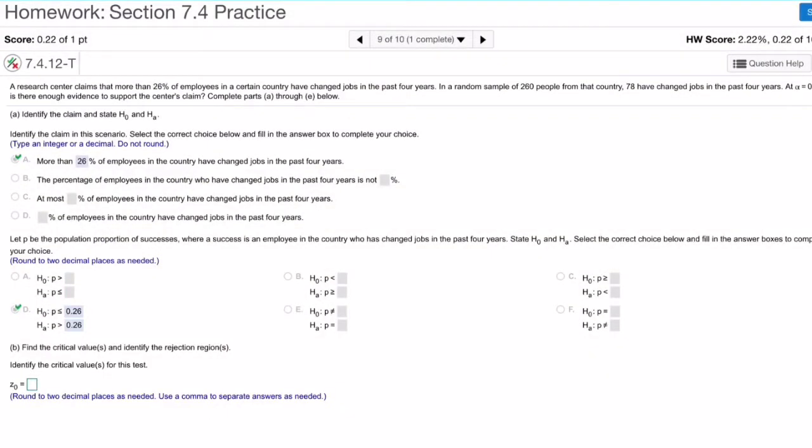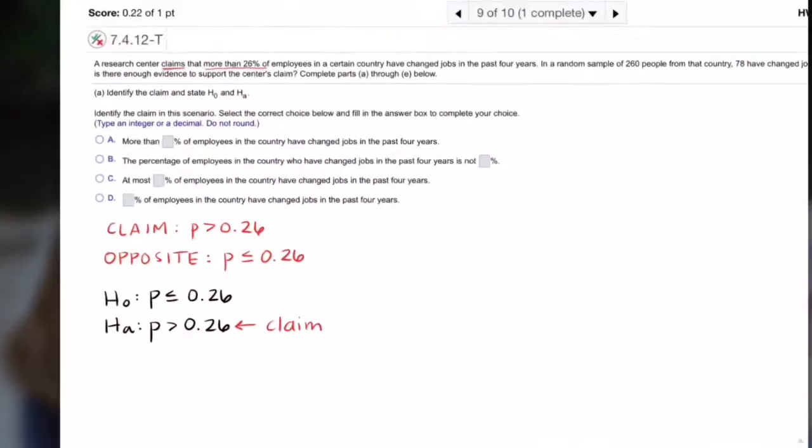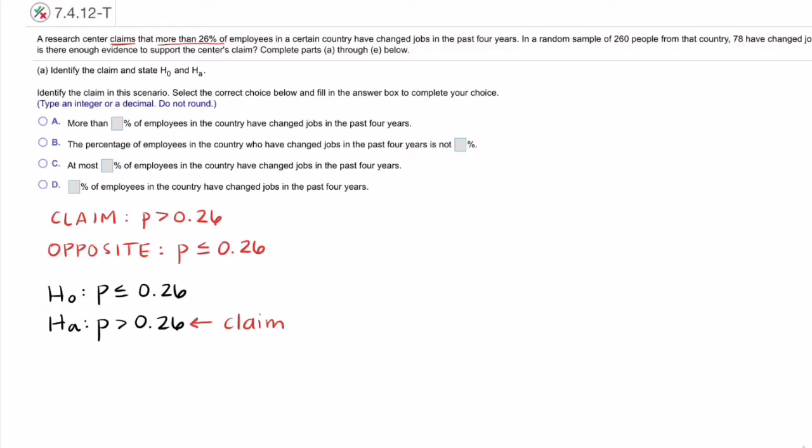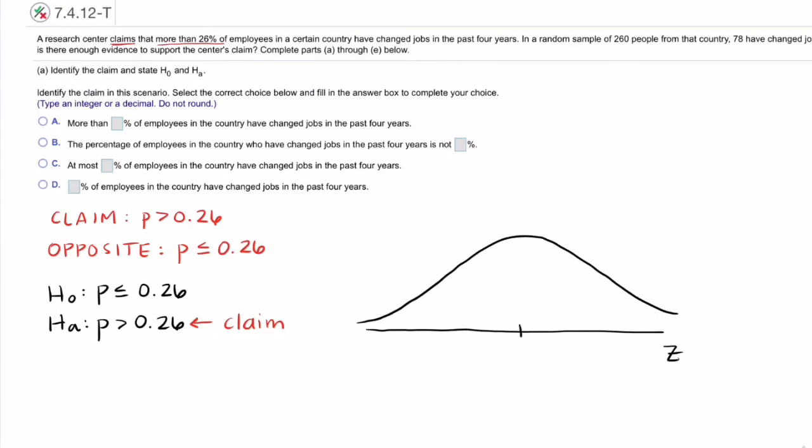All right, so next I'm asked to get the critical values and the rejection region. So I'm going to come back over here. Because this is testing the proportion, I know proportion uses the standard normal distribution. So I'm going to look at my standard normal curve here, and I'm going to shade the rejection region.